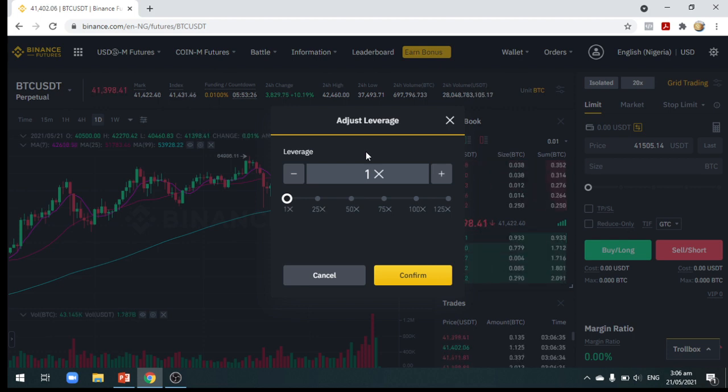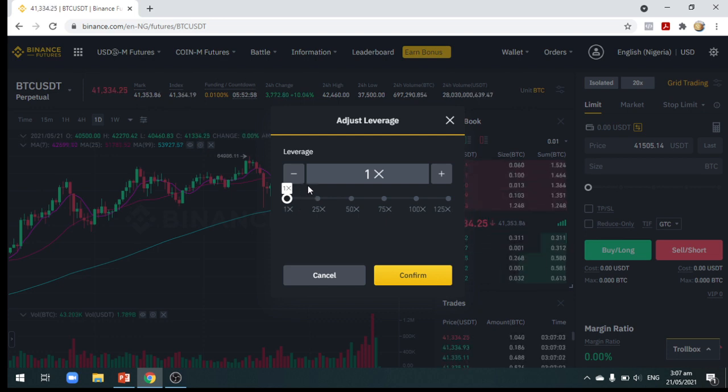So if you have 10 USDT, it's only 10 USDT worth of coins that you can buy or sell on futures trading. But if you use 25x or 10x, as the case may be, you're multiplying the amount of coins you can buy with that particular 10 USDT.